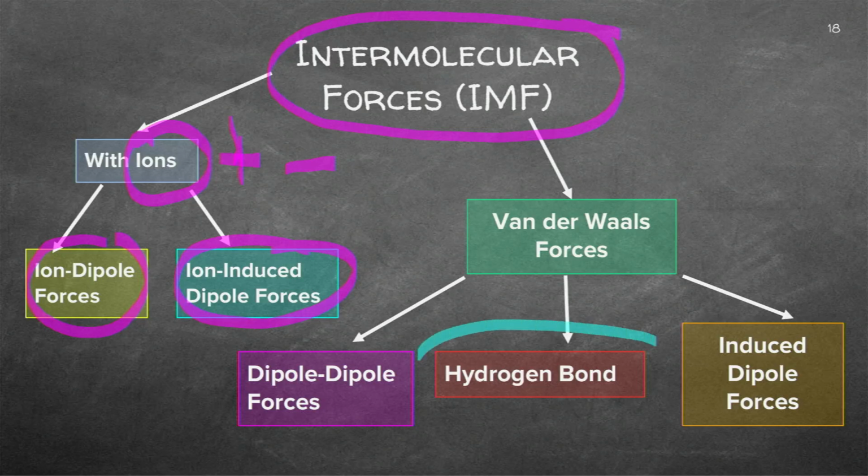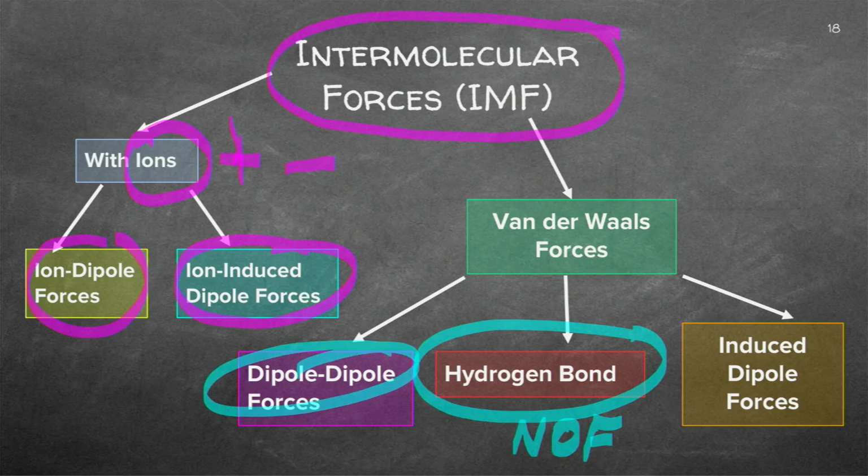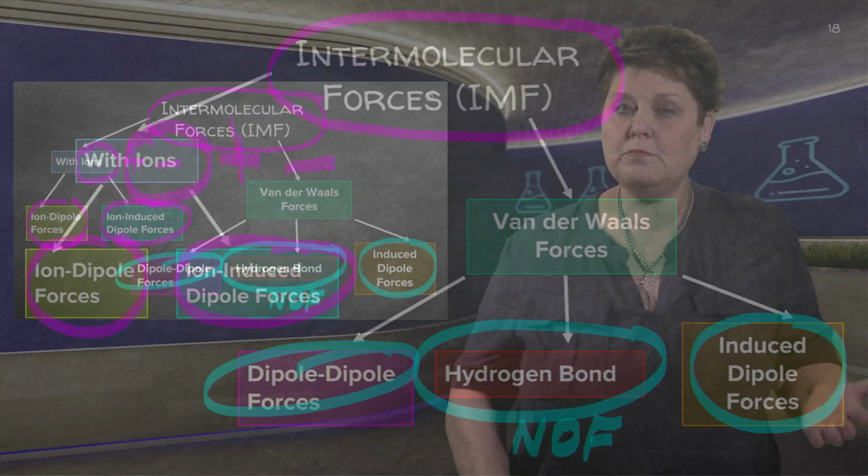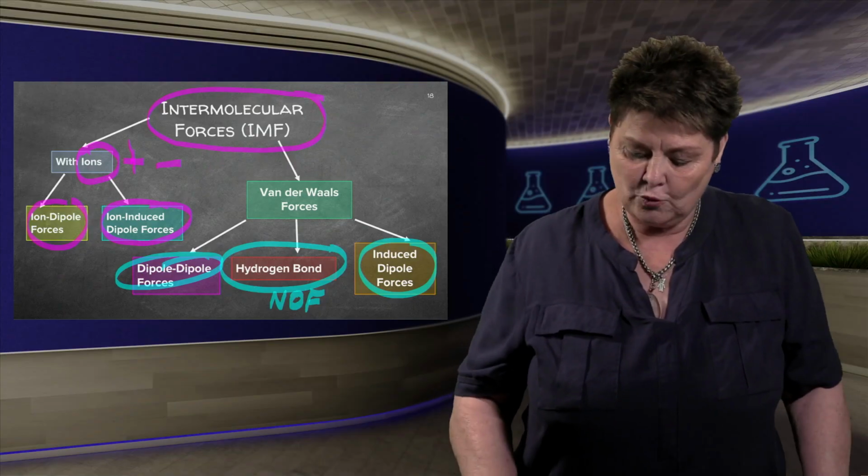You firstly know the hydrogen bond. And can you recall what's the three elements that's bound to hydrogen to form a hydrogen bond? NOF. Then you have dipole-dipole, and between the non-polar molecules, you've got induced dipole forces or dispersion or London forces.